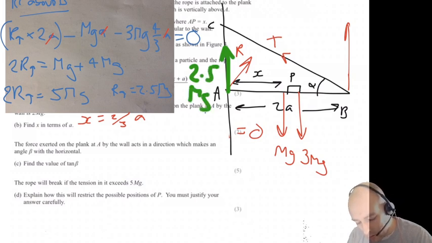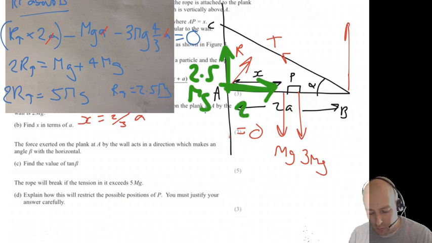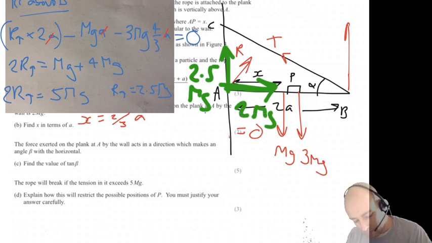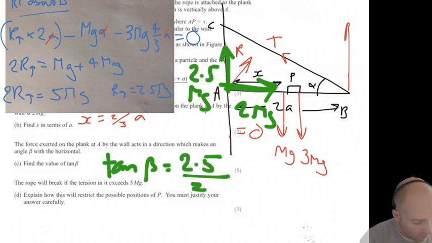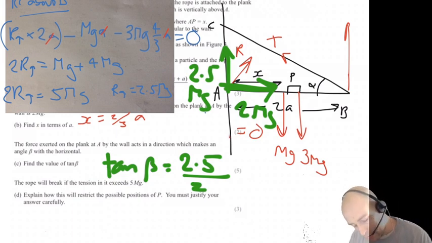Horizontally, we were told it's 2mg, so I can use tan beta is 2.5 over 2, which is 1.25. So tan beta is 5 over 4.